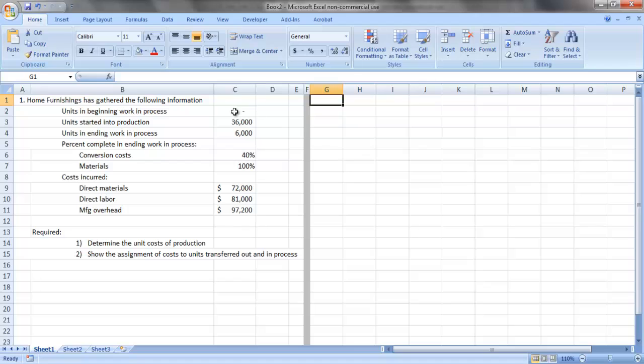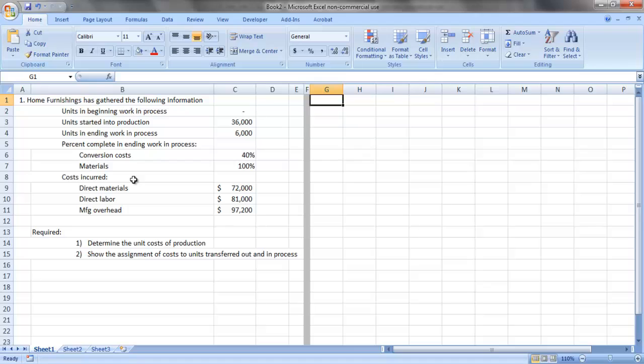We know that no units were available in beginning work in process. 36,000 units of product were started into production during the period, and 6,000 units were in ending work in process. These units were 40% complete with respect to conversion and 100% complete with respect to materials costs.